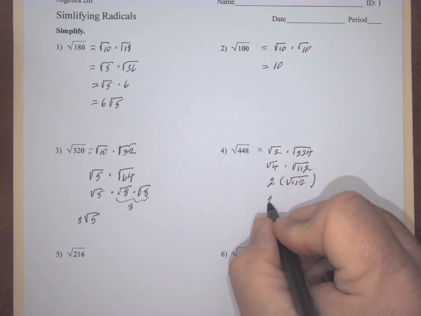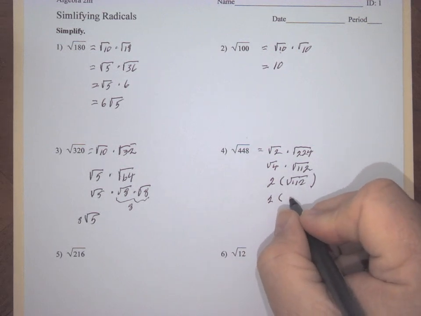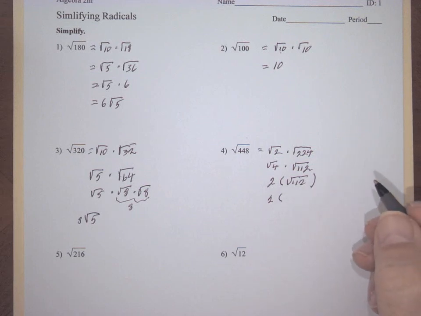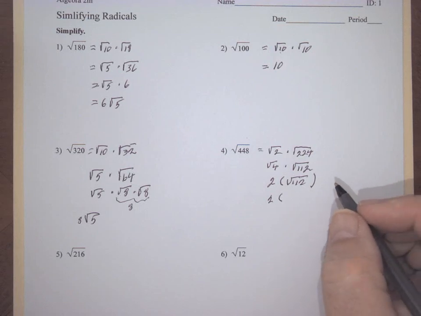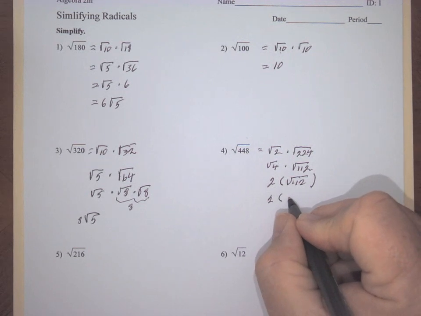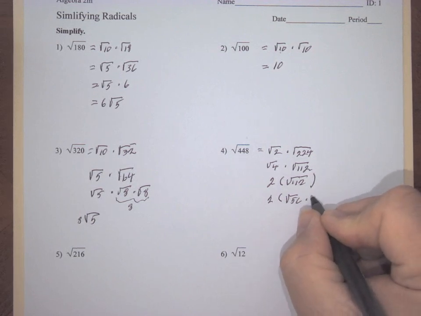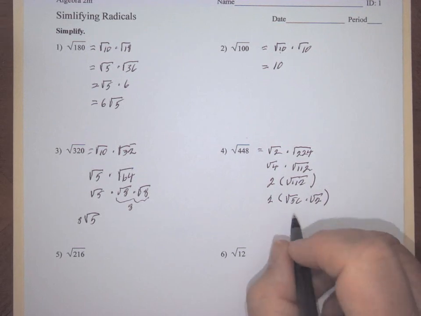Well, we can have 2 times the square root of 112 divided by 2, which is 56. Or 2 times that is 2 times the square root of 56 times the square root of 2. Really doesn't get us there yet. But let's go again.